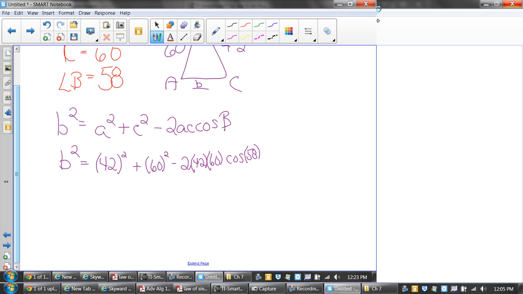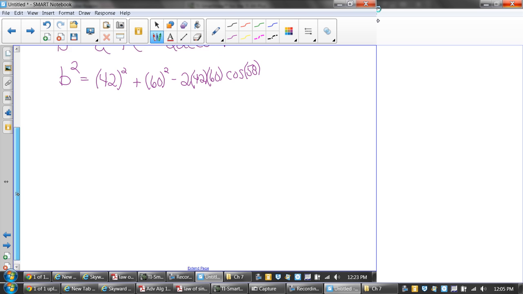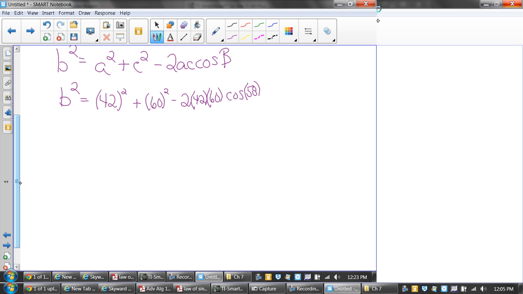One of the main reasons that we spend time talking about law of cosines and law of sines in this class is that you see the algebra that's involved, because you spend quite a bit of time working with it next year in Algebra 2. Next year you will derive how some of this comes up, specific cases as to when these work, when they don't work, or when it's possible that 2 triangles might even be formed with some of these values.